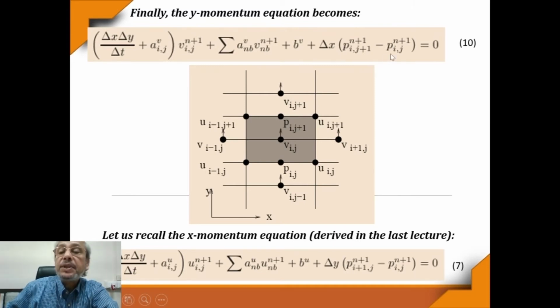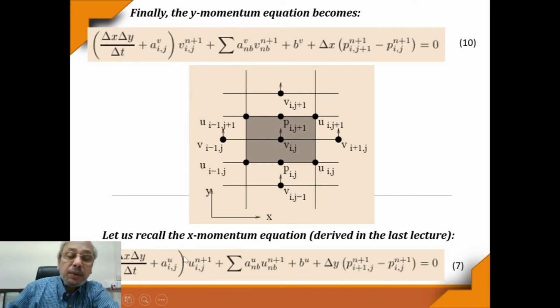And this is the pressure gradient term. This is equation 10, which is found by integrating the y momentum equation on the V control volume. We found the x momentum equation integrating on the U control volume, and let us recapitulate. We found this equation 7 in our last lecture.